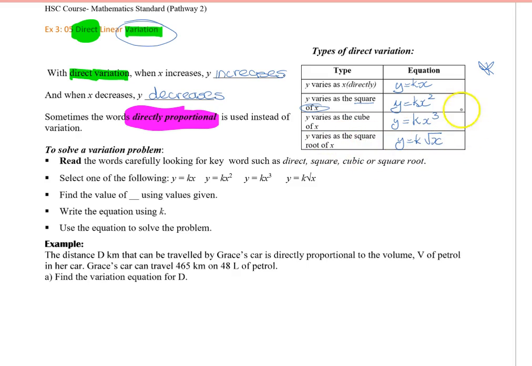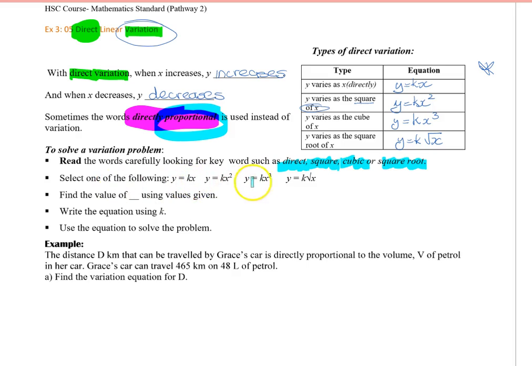So the words enable me to write down the beginning of an equation. It's not the complete equation when it's in this format, but it's the beginning. So you're reading the words very carefully, looking for keywords such as direct, square, cube, square root, and also proportional.